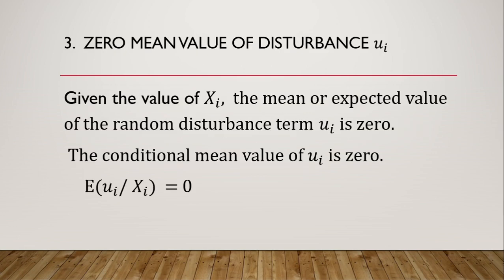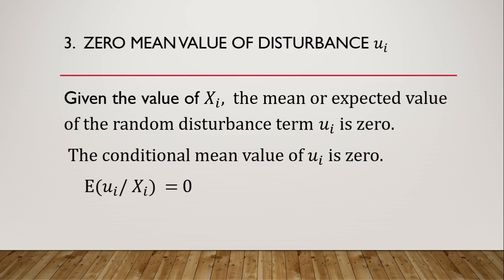This is the third assumption, zero mean value of the disturbance term ui. Here we assume that given the value of xi, the mean or expected value of the random disturbance term ui is 0. So, it is assumed that the expected or mean value of the stochastic disturbance term ui is 0.